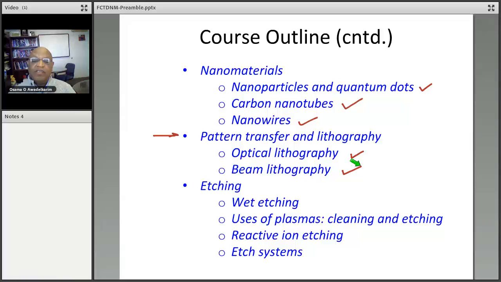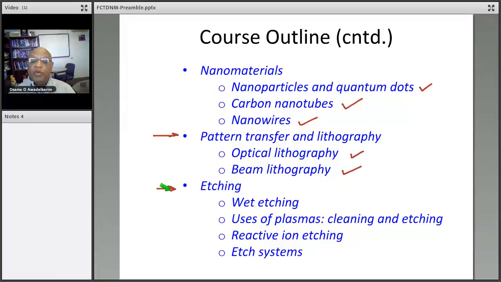And then that takes us to the third and last process in top-down processes, which is etching. And etching is material removal as opposed to film deposition as the first process.